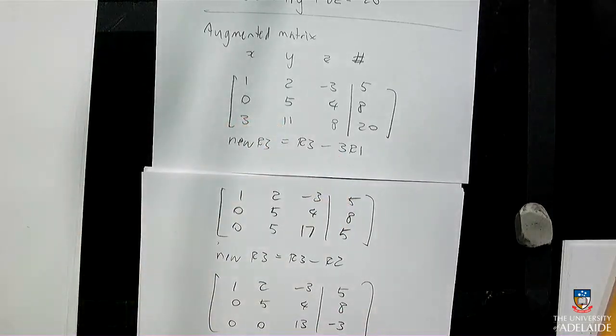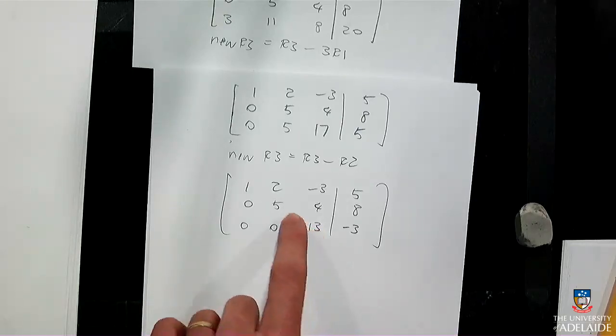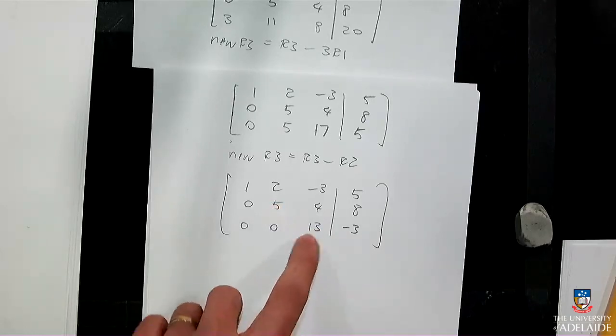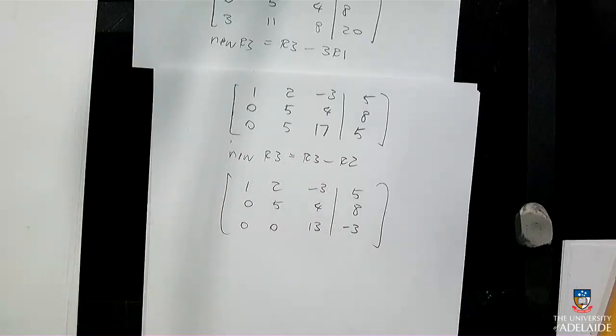Okay, so I can tell at this stage that I'm going to be able to get a unique solution because I could divide by this 13 to get a 1 in that position, and I can divide by this 5 to get a 1 in that position, and I'll be able to eventually make zeros everywhere else. So at this stage, I can tell there will be a unique solution.